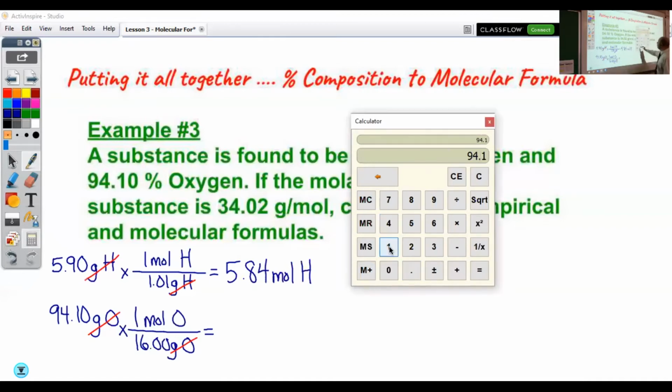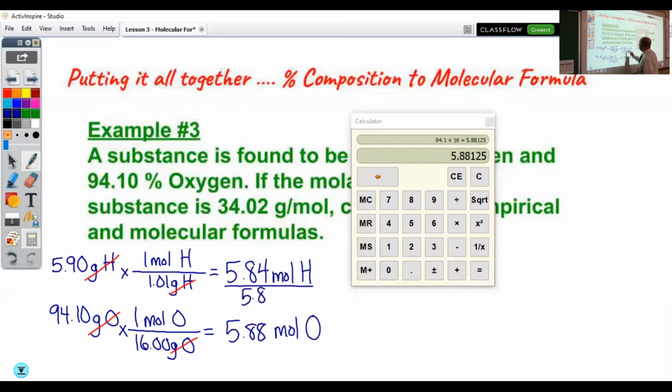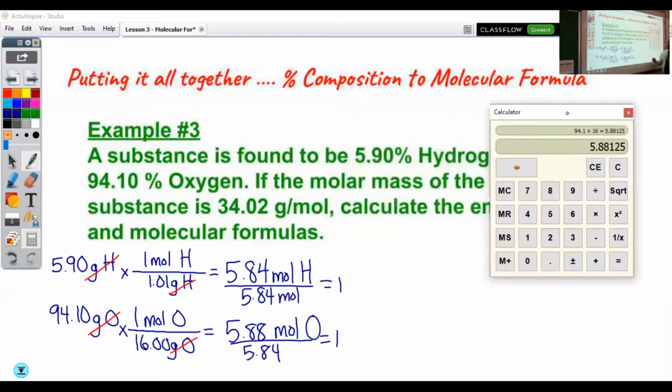And our 94.10 divided by 16 turns out to be 5.88 moles of oxygen. So we're going to divide by small. We essentially get 1 oxygen and 1 hydrogen here.